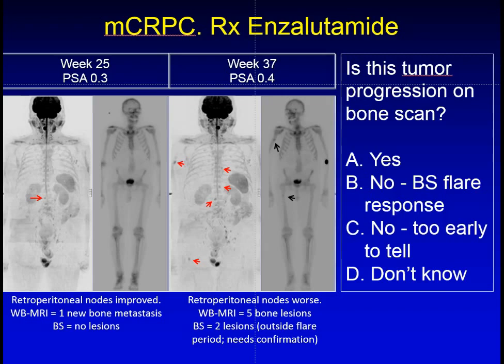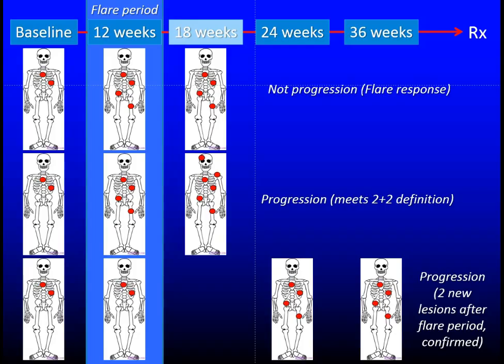The answer to that is no, because the Prostate Cancer Working Group 2 criteria requires that any new lesions seen after the flare period be confirmed to be called metastatic disease. So this patient then undergoes more treatment.